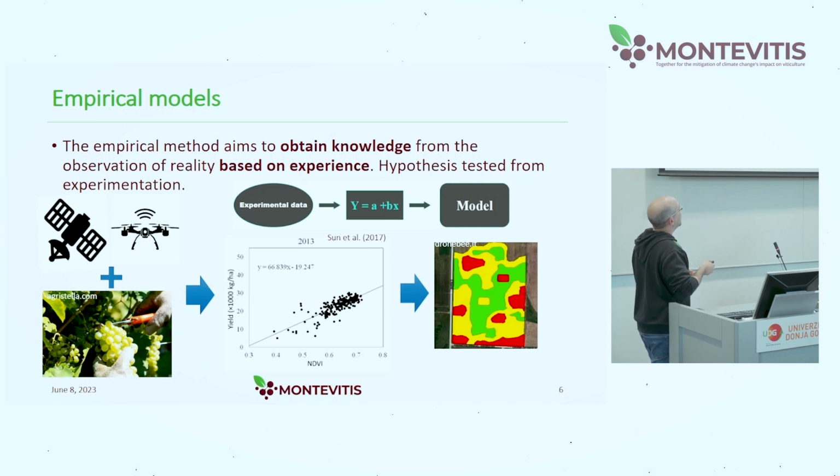So we have areas in which the yield will be lower than the others. This is also important for how the management can be improved in this area. Here we have a typical empirical model, which is a linear regression.